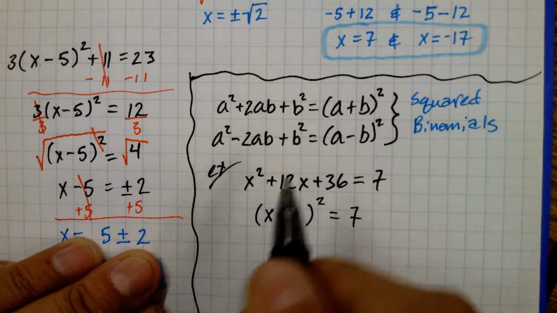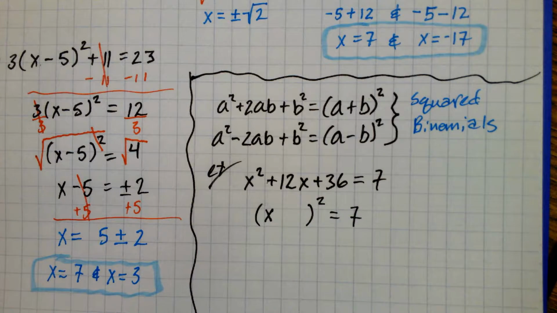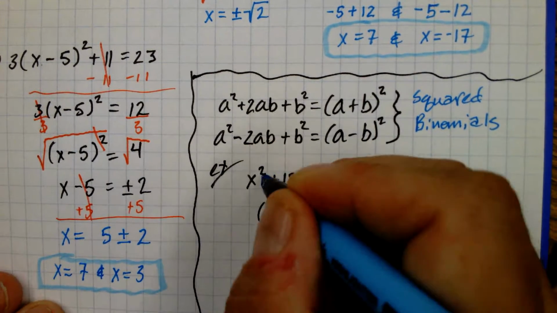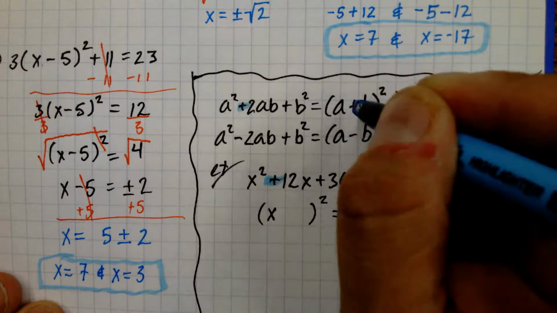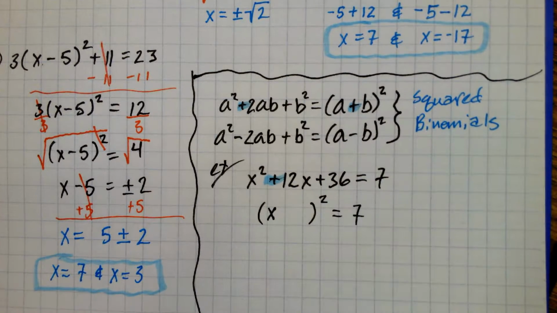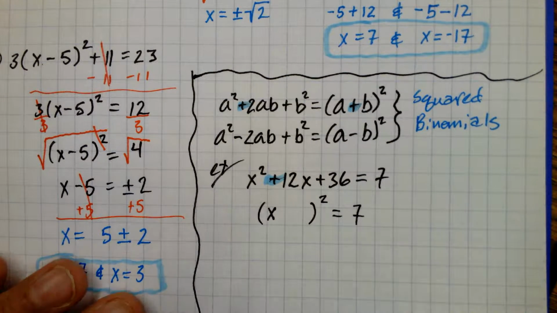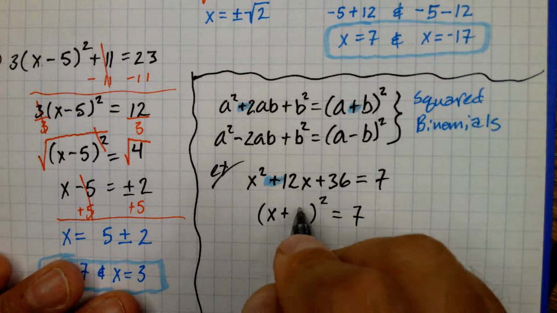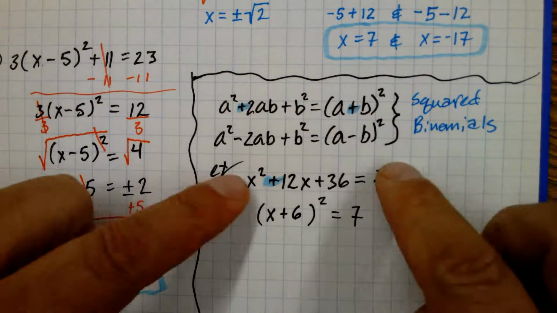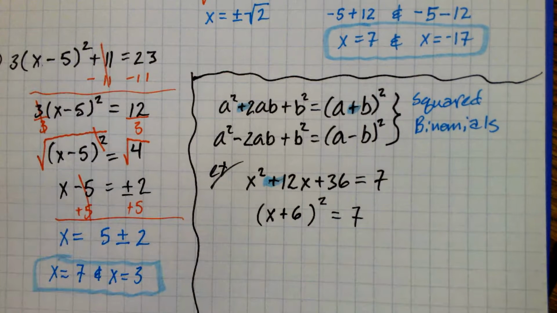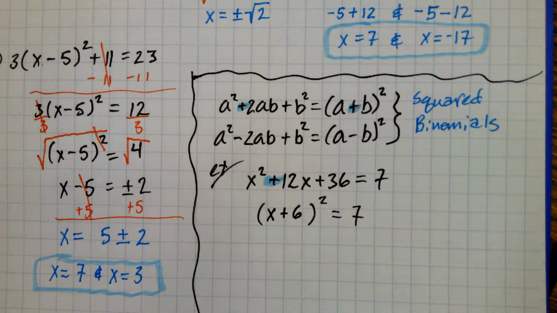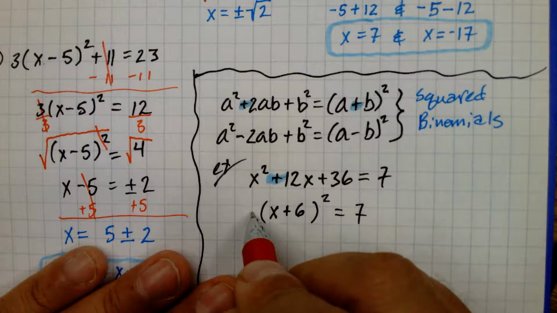And since this is a plus, it follows this pattern, and I put a plus. So plus 6. So this became this. And now you could solve it by the method we just learned, the square root method. Okay? So let's just finish it up.